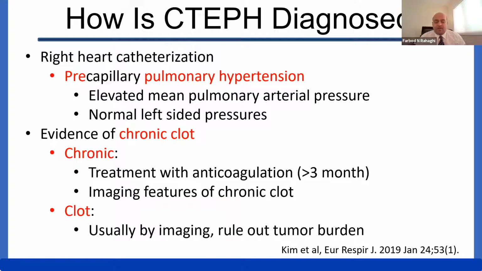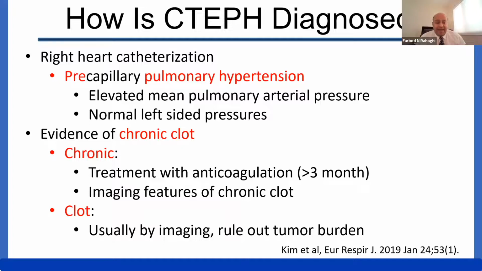The arteries are flowing from the heart, from the right heart, into the capillaries in the lung, and then they flow into the pulmonary vein, then back into the left side of the heart. And precapillary pulmonary hypertension, much like group 1 PAH, manifests itself by increased resistance in those arteries on their way to the capillaries. And so we call it precapillary pulmonary hypertension.